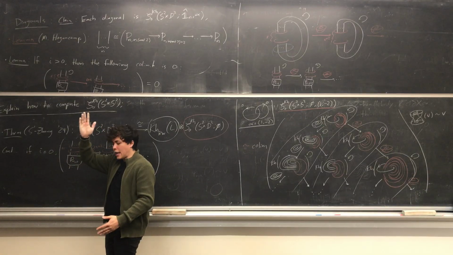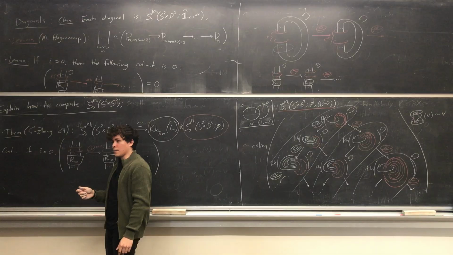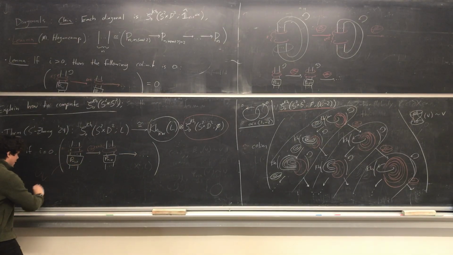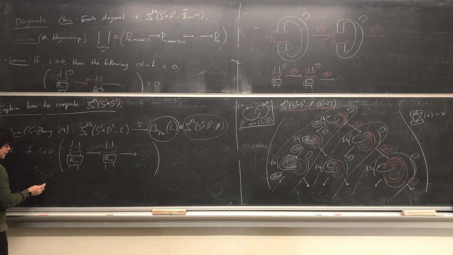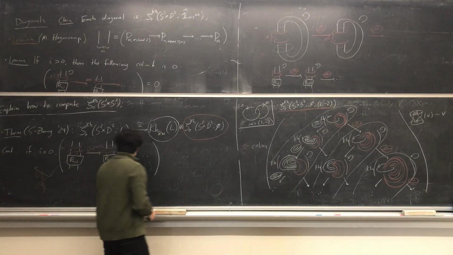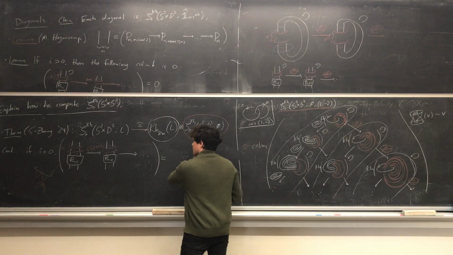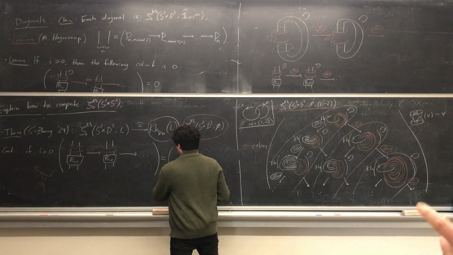There's no tangle component that goes from the top to the bottom. So everything in here looks like this kind of picture. And so I can take my belts and literally just slide them off. And so what I end up with is instead a colimit that looks like this.